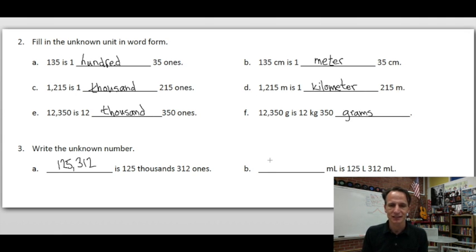So it's the same thing, isn't it? 125,000 milliliters, right? And then we also have 312 milliliters. Yes, I'm writing the same answer I did in the last one. So you see the relationship, 125 liters, 125 thousands. 312 ones, 312 milliliters. Beauteous. 2 and 3. Bang, bang.